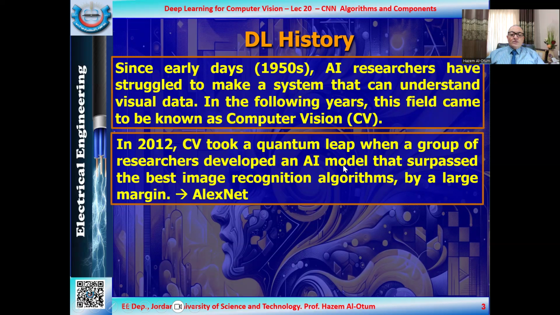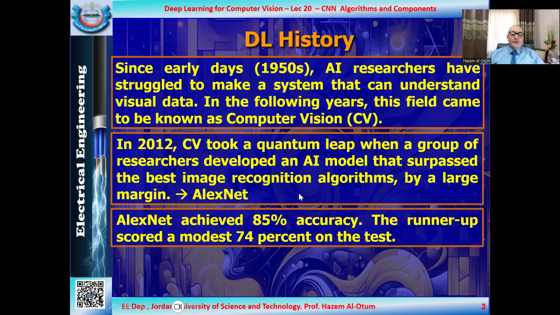This model was able to classify images into classes, and it outperformed other classical image recognition algorithms by a good margin. I won't say a large margin, because it was a starting step in this direction of research work in the field of deep learning.